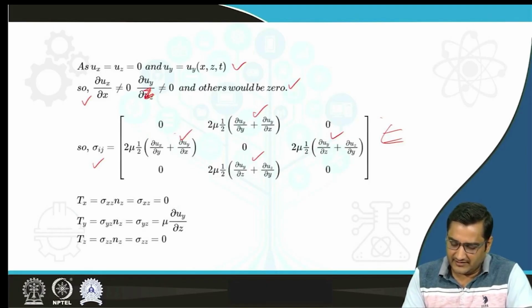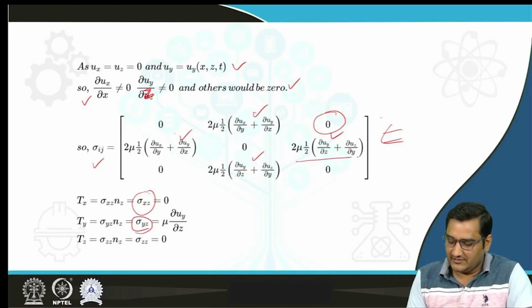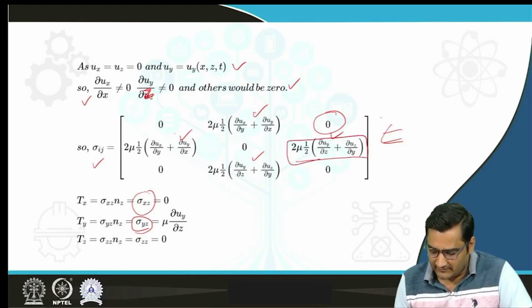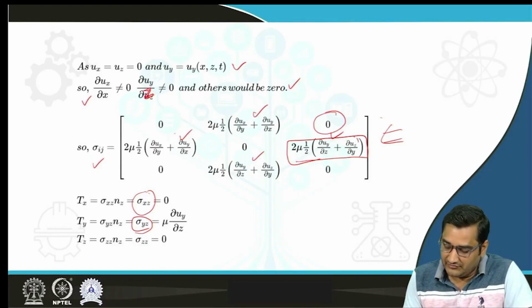You can see that sigma xz component is this, and that is basically 0. And Ty is sigma yz, and sigma yz is basically this term, equal to mu del uy by del z, because del uz by del y will be equal to 0.